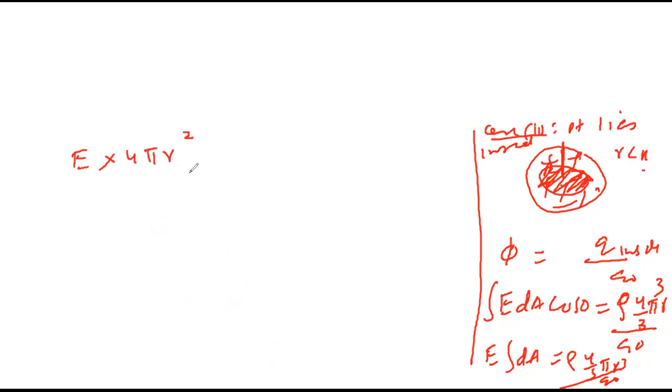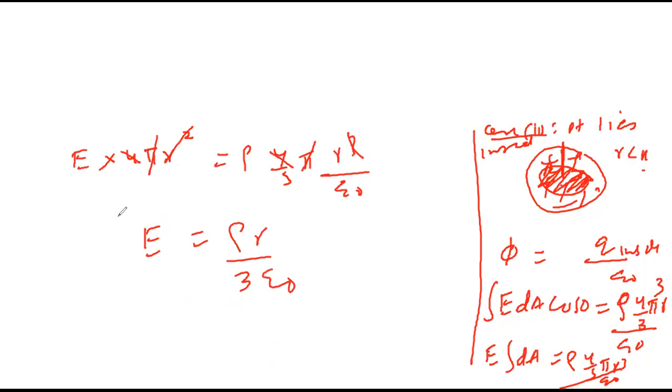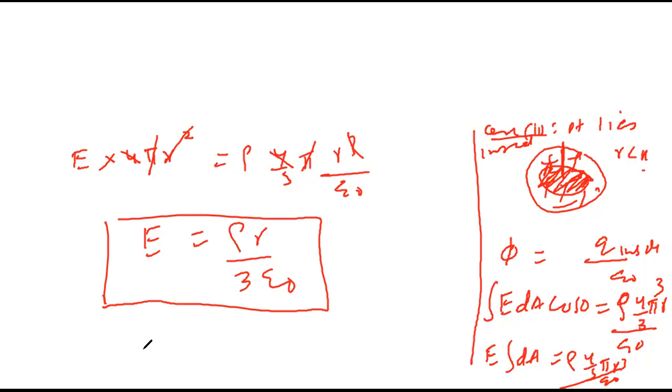Equals rho into 4 by 3 pi r cube upon epsilon naught. Pi 4 r square का ये r गया, so E becomes rho r upon 3 epsilon naught if the point is inside. Whereas if it is conducting hollow or conducting solid, then intensity inside was 0. Here it is coming rho r upon 3 epsilon naught. Copy this.